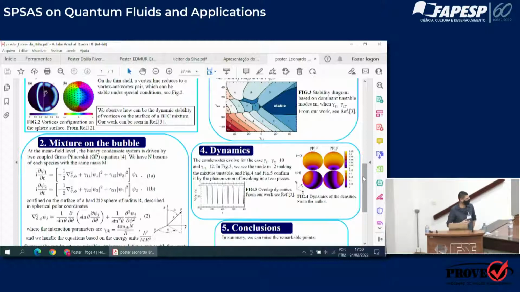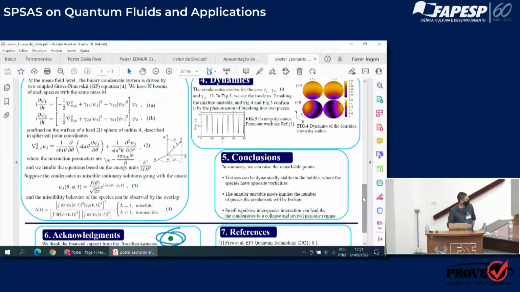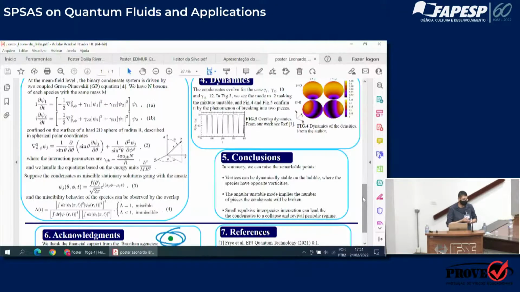This is a way to check our results. In this way we can study the stability of vortices on the surface of the sphere, and specifically the system of a mixture of Bose-Einstein condensates.